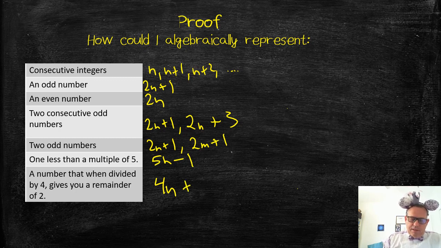So 4n plus 2 would give me a remainder of 2 when I divide this by 4. Any number I choose for n, odd, even, big, small, positive, negative, whatever, put it in there, multiply by 4, add 2, and then if I divide that answer by 4, I will get a remainder of 2. These types of expressions are the key to beginning any proof.